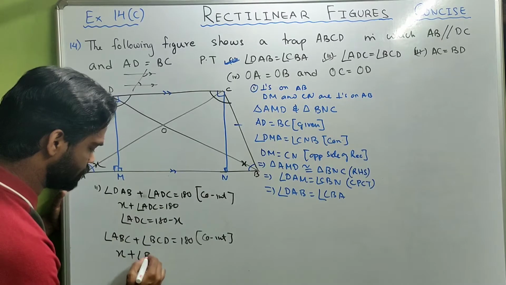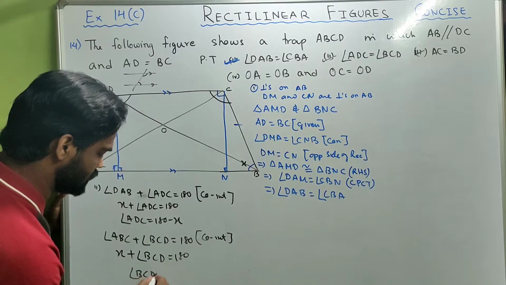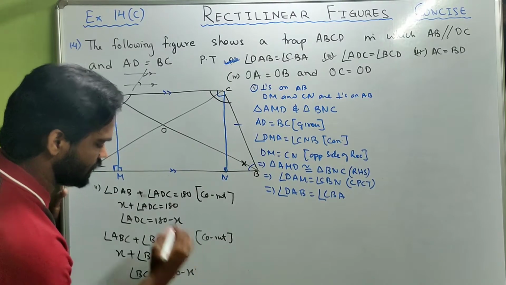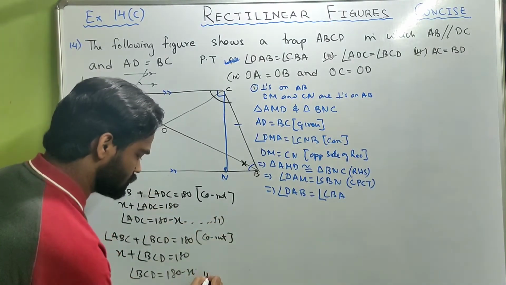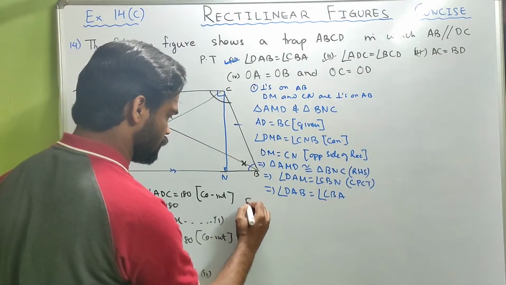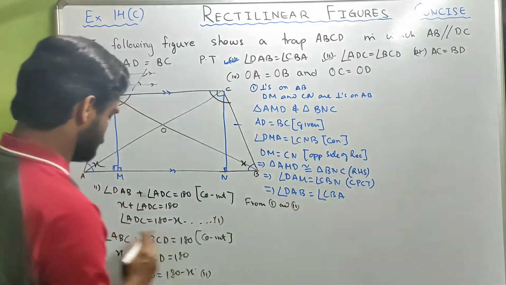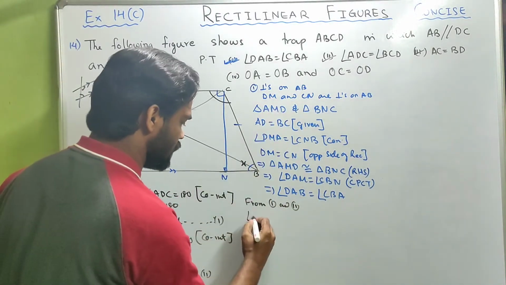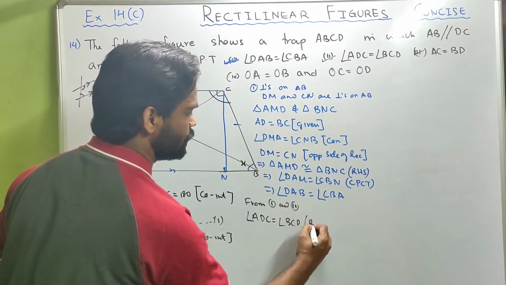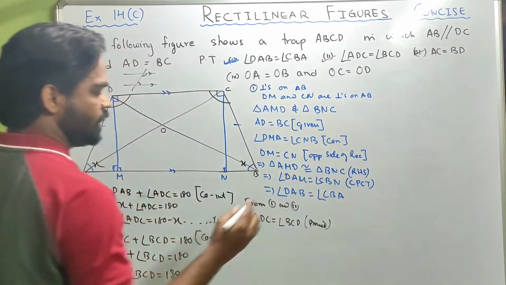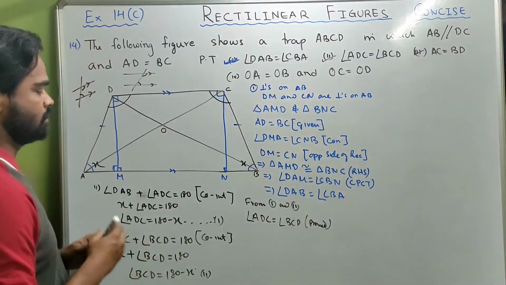So X plus BCD is equal to 180, which means angle BCD equals 180 minus X. So suppose this is 1 and this is 2, from 1 and 2 we can say that angle ADC is equal to angle BCD. Proved. Done. Pretty easy. Now look, the next part.